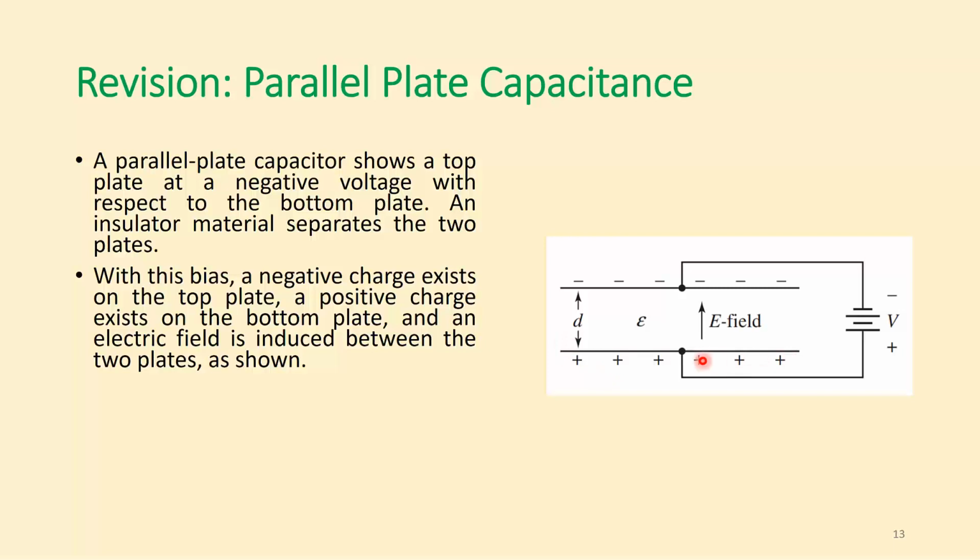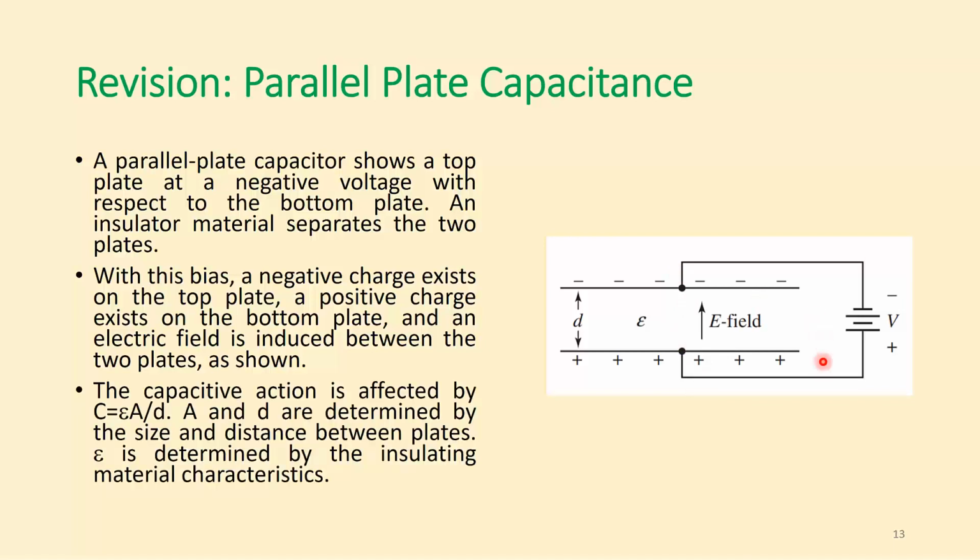This electric field makes the positive charge want to be attracted to move in the direction of the electric field. So this capacitive action produces a collection of positive charge at the bottom plate and a collection of negative charge at the top plate, causing this electric field to be induced.